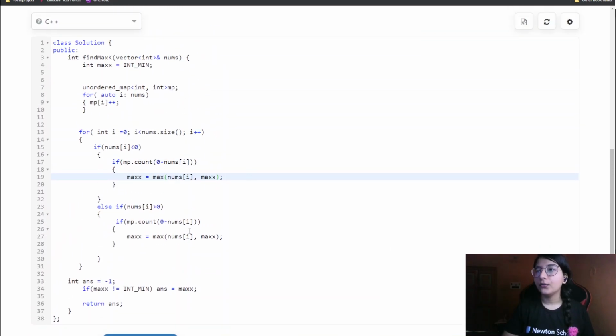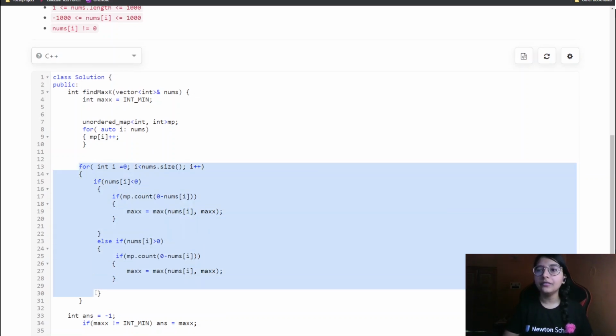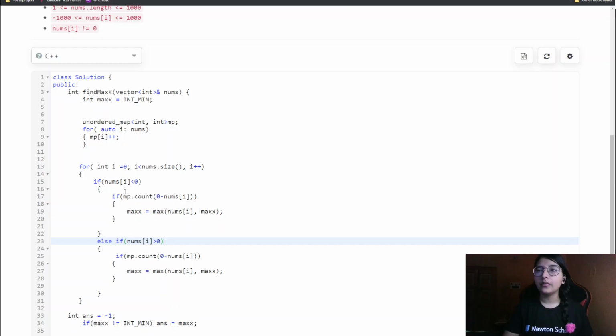Okay, even if it is less than 0 or greater than 0, see, here only we can shorten the length of the code. Here we were traversing, right? So what we were doing was checking if it is less than 0, basically a negative number. So we will be checking for the negative part of it, whether it exists.